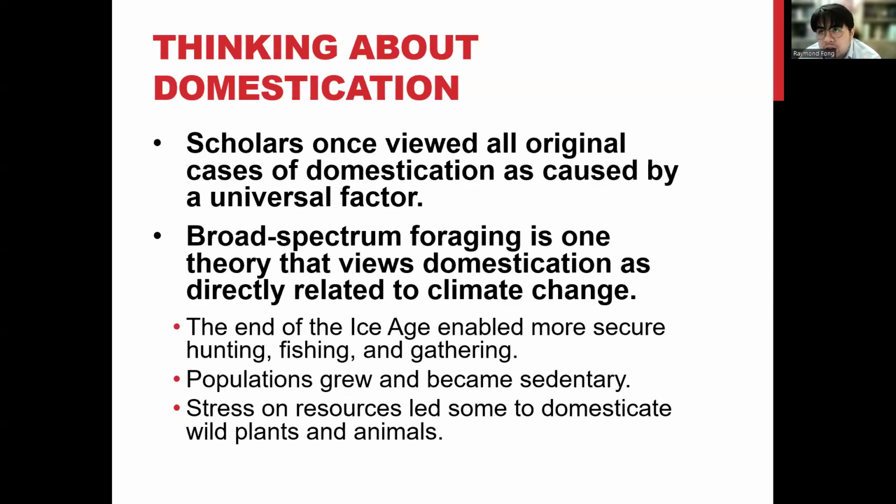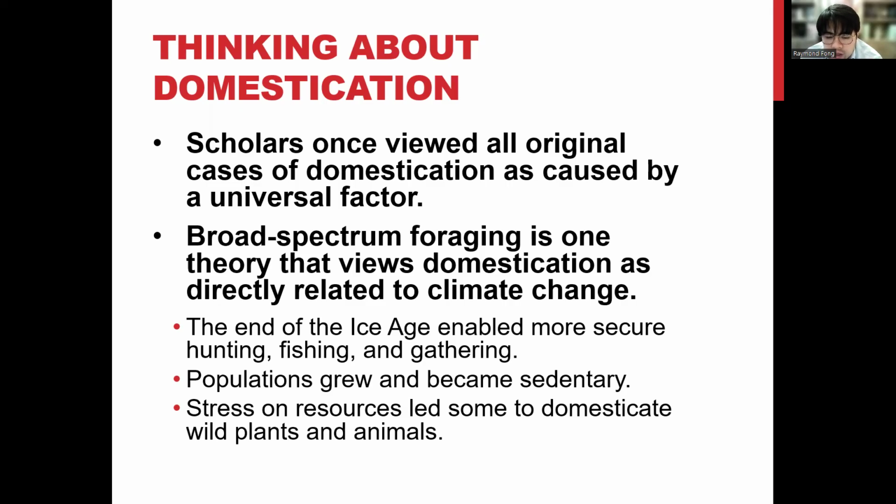So when we're thinking about domestication, right, a lot of scholars have tried to pin down what the reasoning was for why domestication came about. Now, the first theory is broad spectrum foraging. Basically this is saying the end of the ice age happened, and then it was a lot easier for us to hunt, fish, gather, basically live.